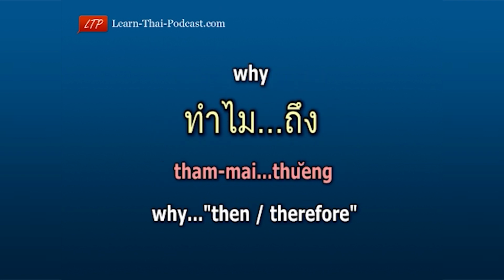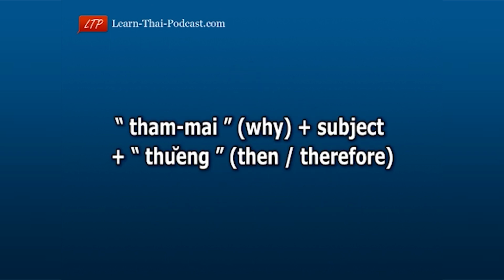The phrase ทำไมถึง means why as well. It is very common to add the word ถึง, which means then or therefore, to highlight the word ทำไม, which means why. The sentence structure is ทำไม, which means why, plus the subject plus ถึง, which means then or therefore. Here's an example.